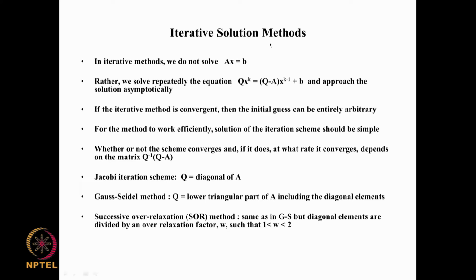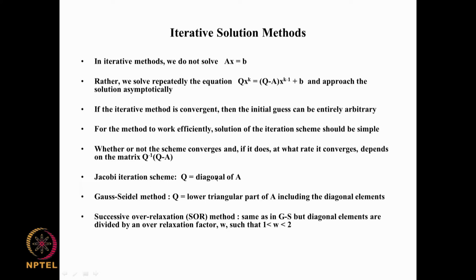So in that sense, the first idea, that it should be easy to compute or construct Q, is satisfied in the Jacobi iteration method.